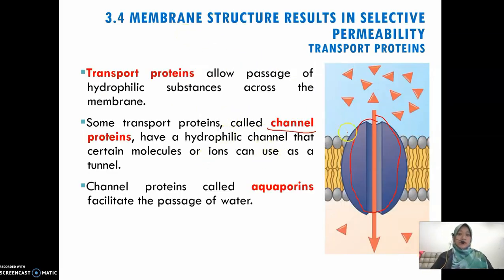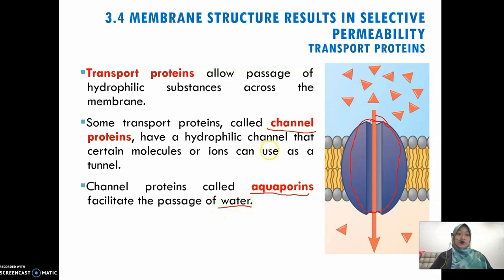The hydrophilic channel provided by channel protein will allow hydrophilic substances to pass through the plasma membrane. One example of channel protein is aquaporin, and it is used to transport water.